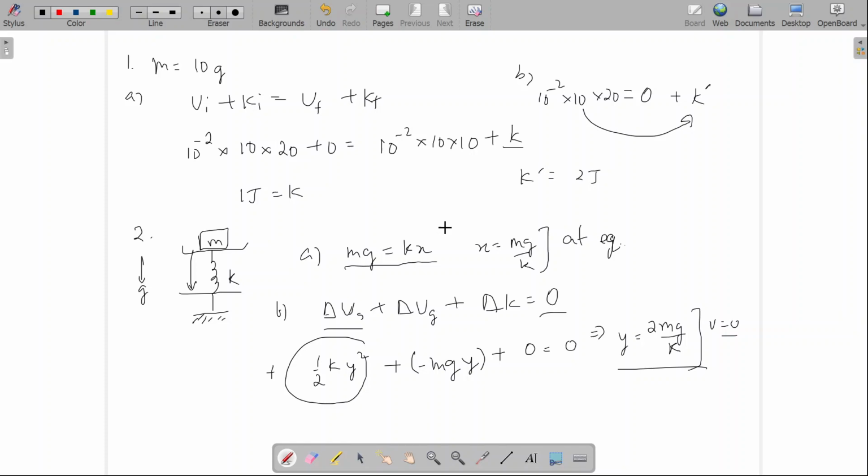That means it gains speed up to the point of equilibrium, and after that it starts losing speed. And just after it has traveled the same distance it traveled from the initial position to equilibrium, it loses its speed completely. So this is our second question.